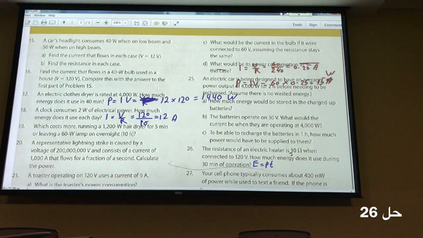Watt. So we go back to the main equation: 1440 multiplied by 30 by 60 equals 2,592,000. Three zeros. What's the unit?